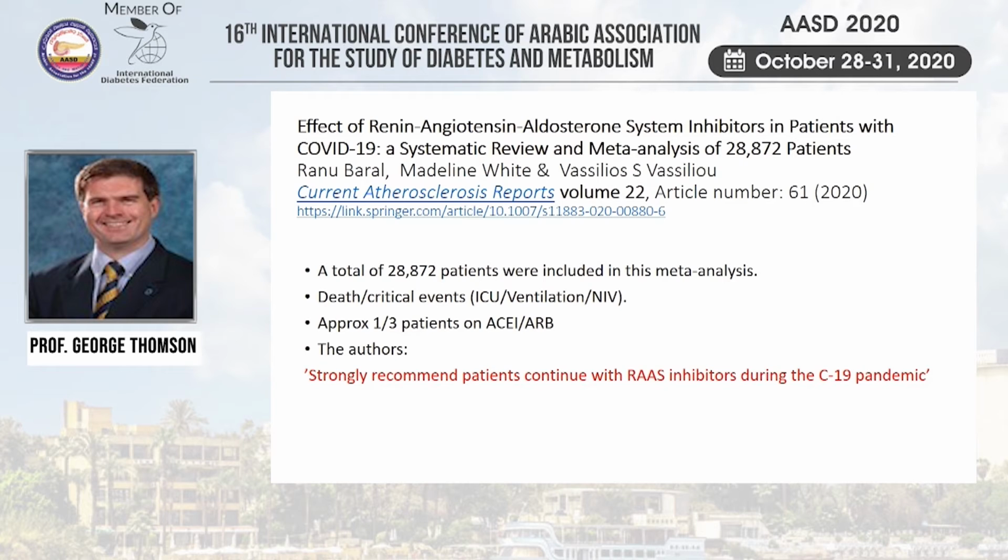A slightly later but much larger systematic review and meta-analysis of nearly 30,000 patients, however, added weight to the argument from the paper from China, and the authors concluded that patients with RAAS inhibitor therapy should continue on that therapy. This was based on a review of deaths or critical events as designated by ICU admission, mechanical ventilation or NIV. And as you can see, approximately 1/3 of patients were on RAAS blockers in this meta-analysis.